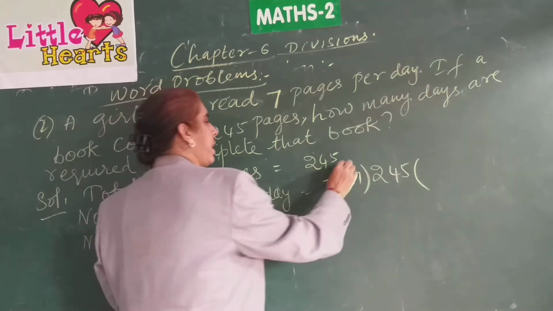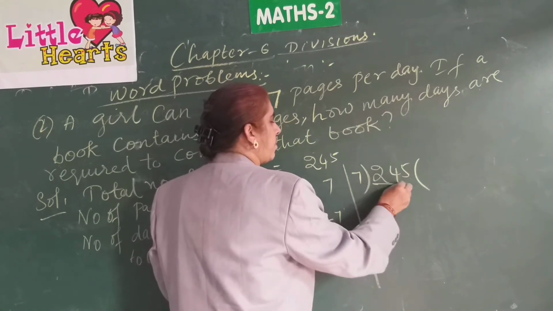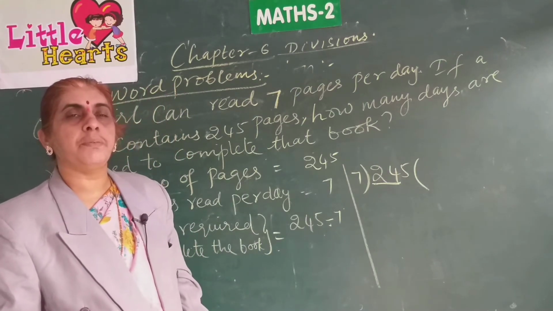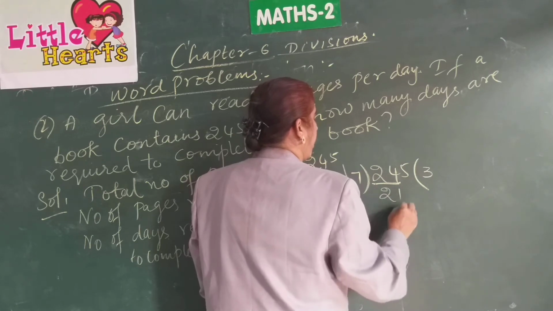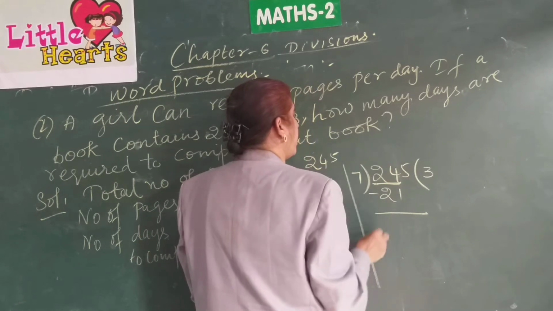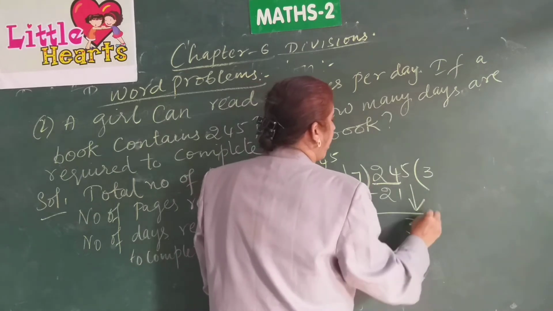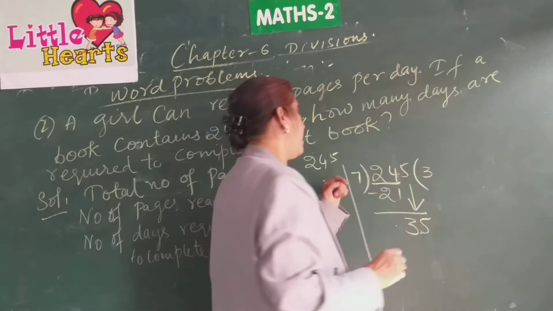So let us carry out the division. 2 is less than 7, so consider 2 digits 24. 7 ones are 7, 7 twos are 14, 7 threes are 21. 24 minus 21, 4 minus 1 is 3, 2 and 2 0. Bring down 5, now it is 35. Divide 35 by 7.